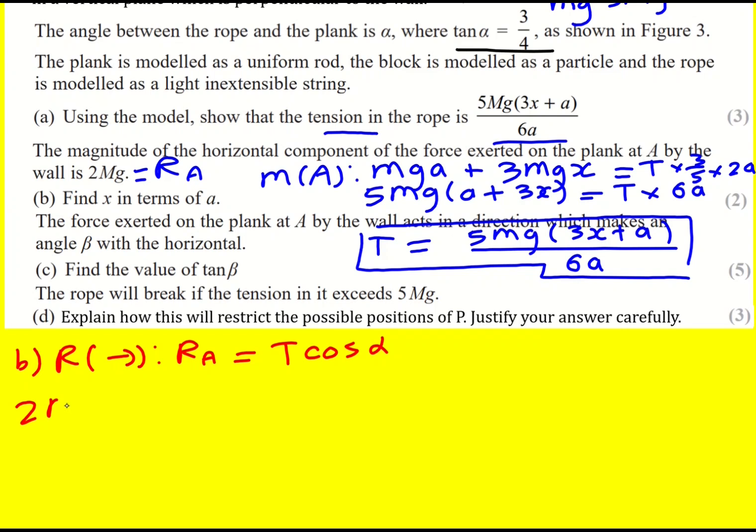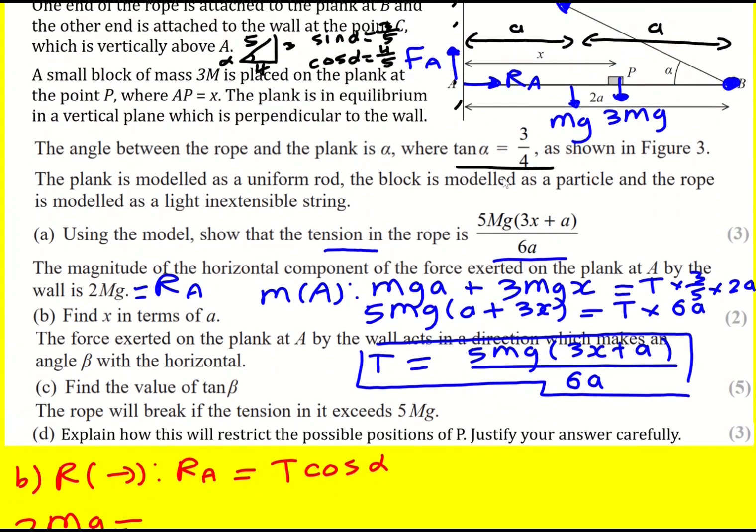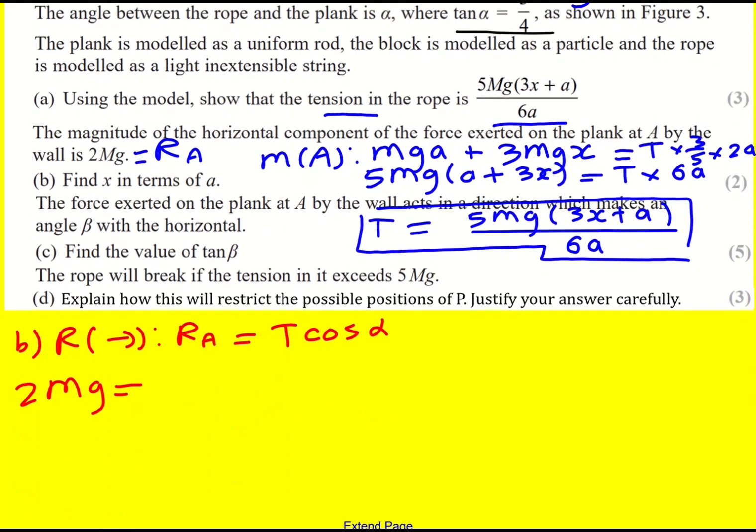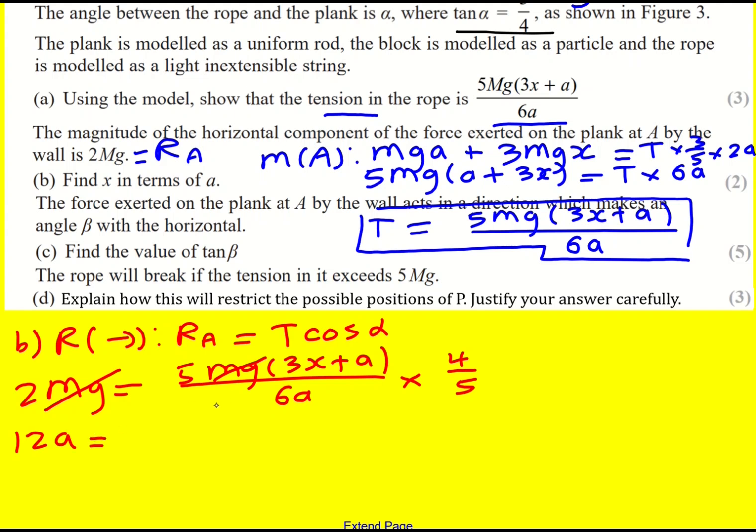So therefore, 2 capital Mg is going to equal, remember, we've got cos alpha, it's 4/5. So 5 mg (3x plus a) over 6a times 4/5. I can cancel out mg. I'm going to times through by 6a, so I will get 12a equals 4 times (3x plus a), because I've times that 5 by 4/5.